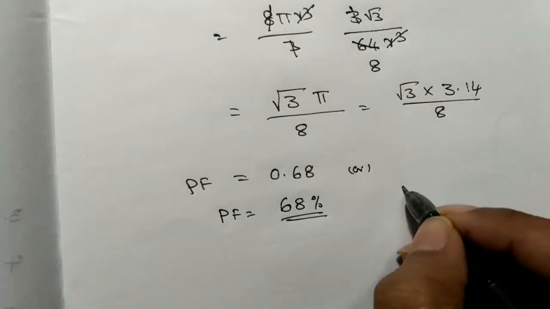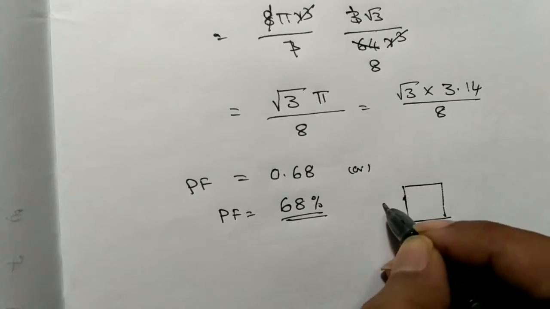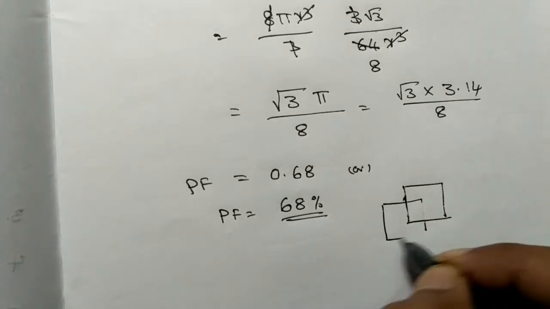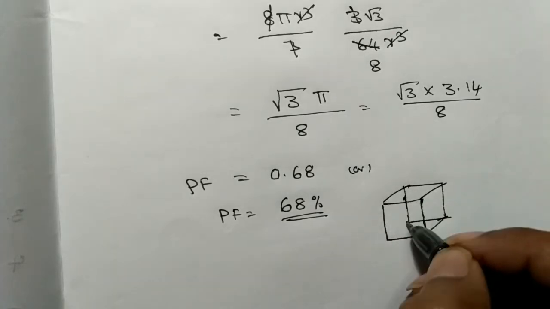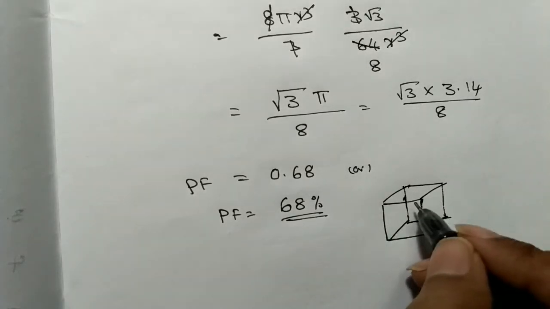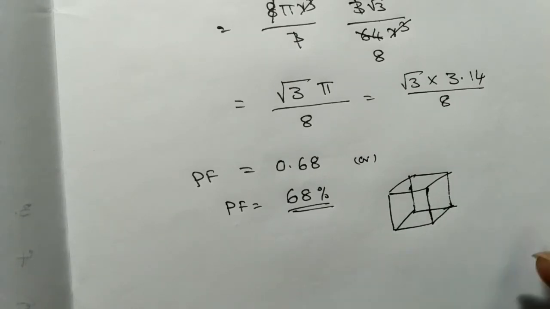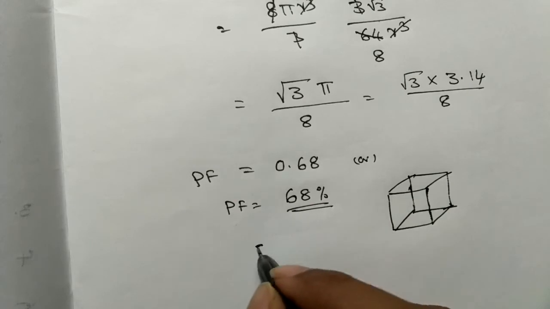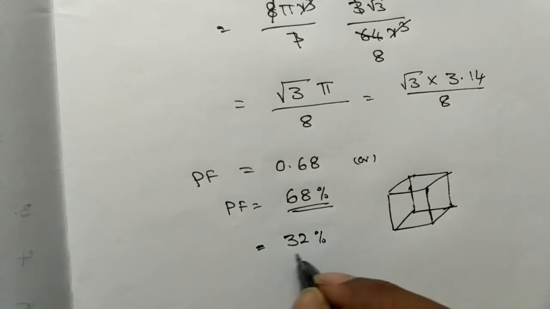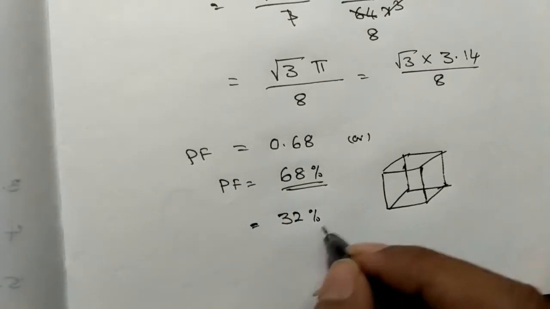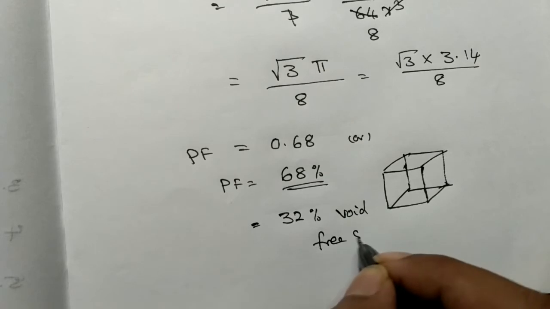That means in this particular unit cell, 68% of atoms are occupied in it. The remaining space is void. That means around 32% of space is void. Void means free space.